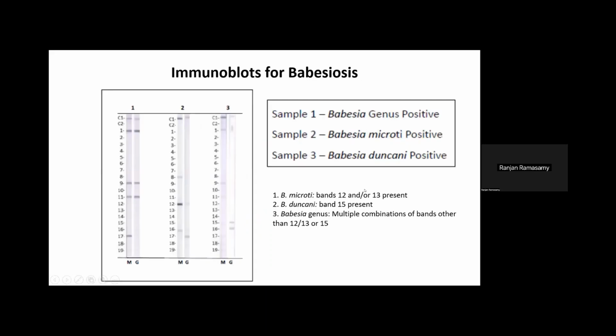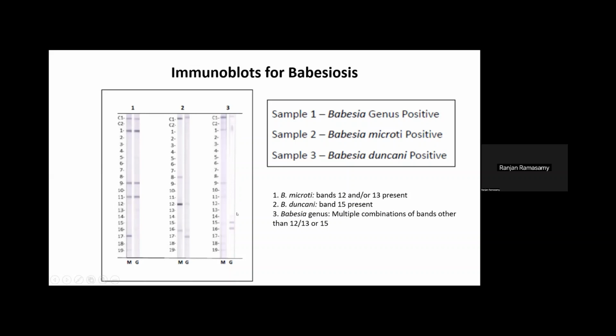In real life, these are 3 patient samples. Microti is identified by the presence of bands 12 and 13. So this serum reacts with band 12 antigen for both IgM antibodies and for IgG antibodies, plus several other proteins.